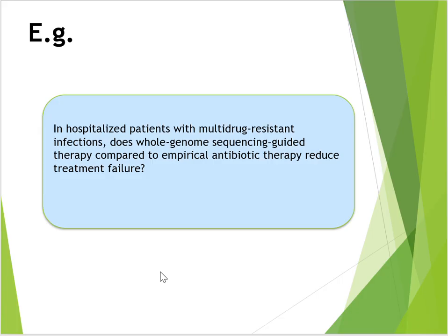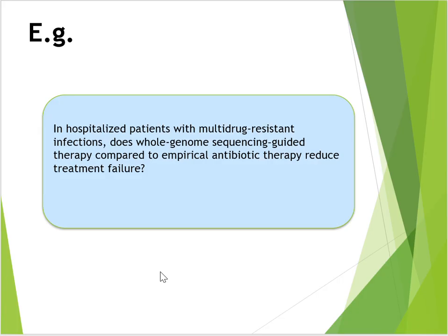And number two, while we are in the hospital, we will still exclude those who are hospitalized, yes, but are not having multi-drug resistant infections. So we are very specific on the kind of population that we want to study. Those that are hospitalized and infected with multi-drug resistant pathogens.